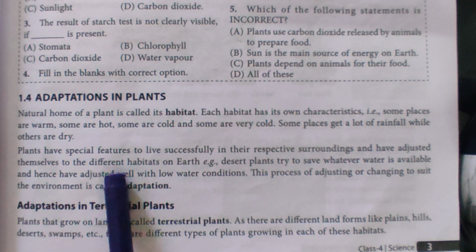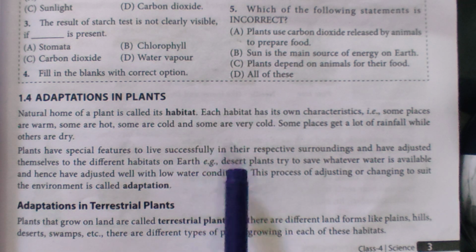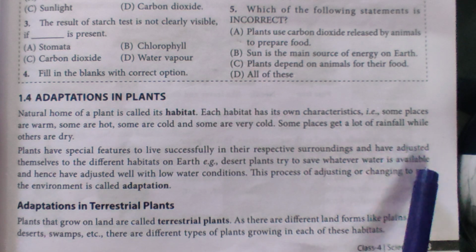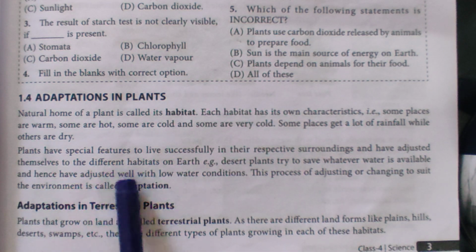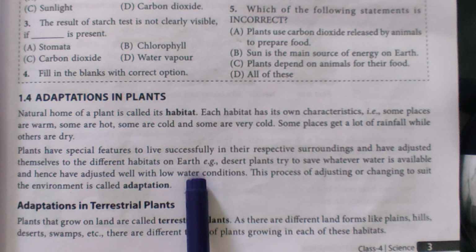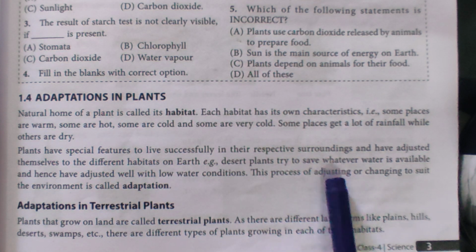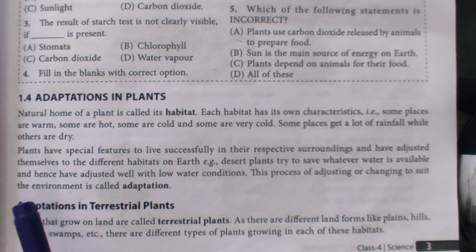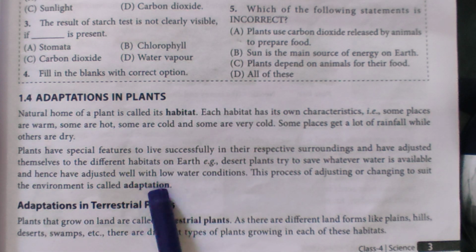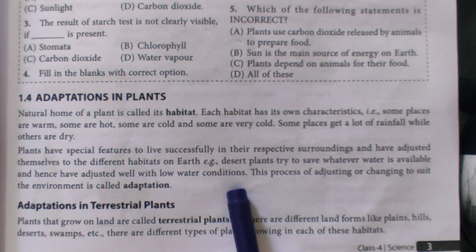Now, plants have special features to live successfully in their respective surroundings and have adjusted themselves to different habitats on earth. The desert plants try to save whatever water is available and hence have adjusted well to low water conditions.